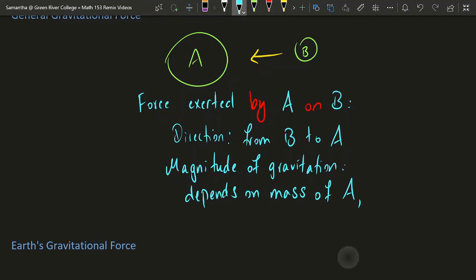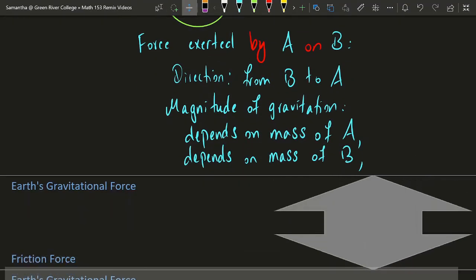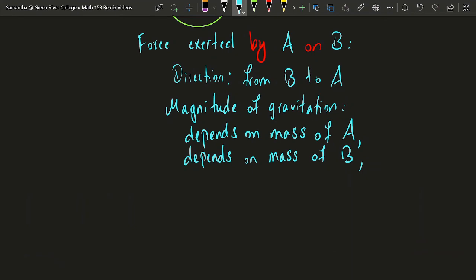It also depends on the mass of the object that's being acted upon. For example, when you're on planet Earth, the quantity that captures the way that gravitational force acts on a person is what we call the person's weight. So a person that has a larger weight is having more gravitational force act upon them than someone that has a smaller weight.